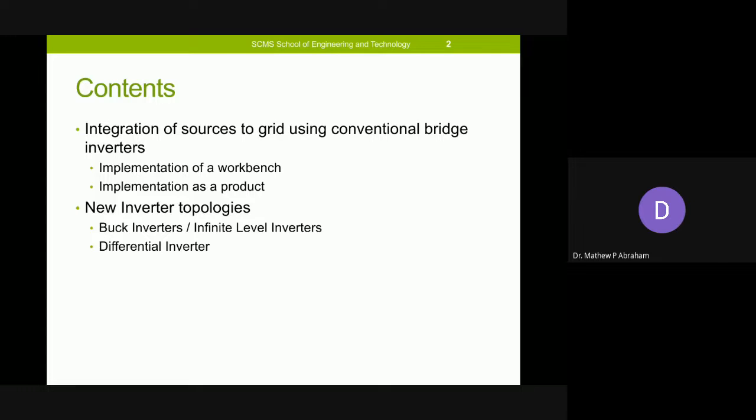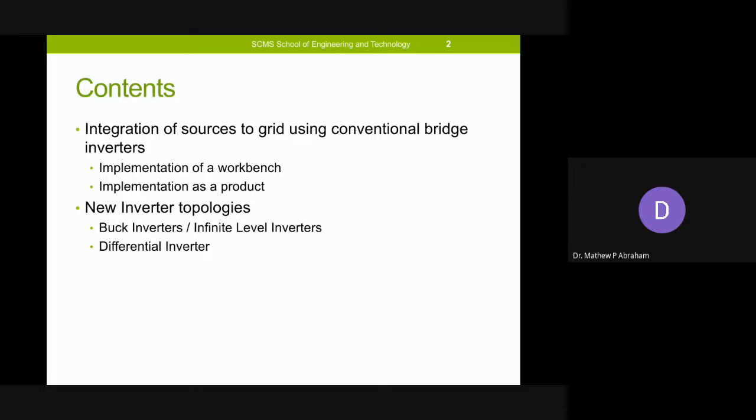Then, if you are to implement it as a product in the product form, then we will have to go for a DSP based implementation, and we will discuss about some of the practicalities involved in such sort of an implementation. In the next part, we will discuss about some of the new inverter topologies.